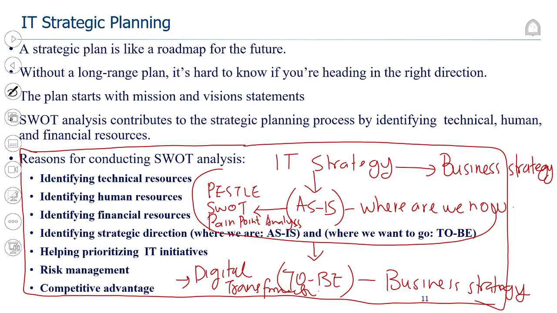No. The business has to decide they want to go digital or have an online presence. Then IT will help them get digital by implementing digital technologies, because that is our specialization. But whether we want to go digital has to be the need of the business, okay?